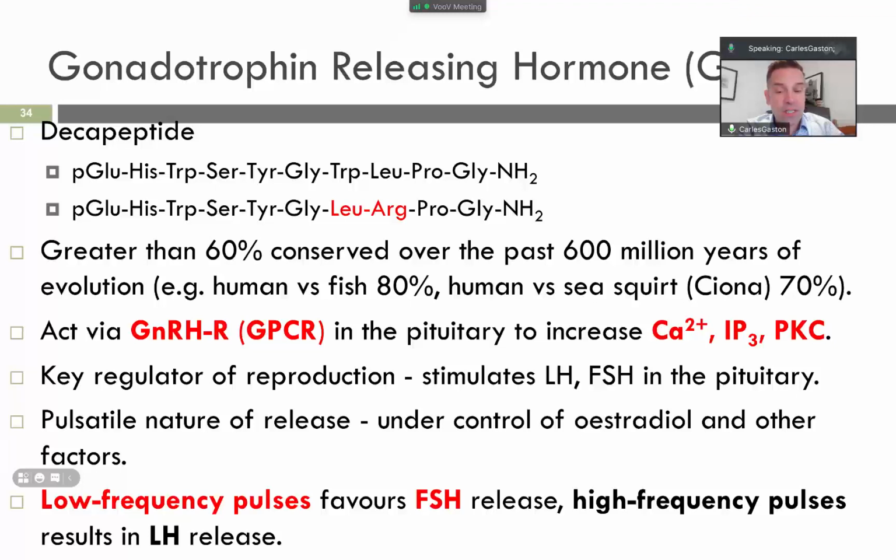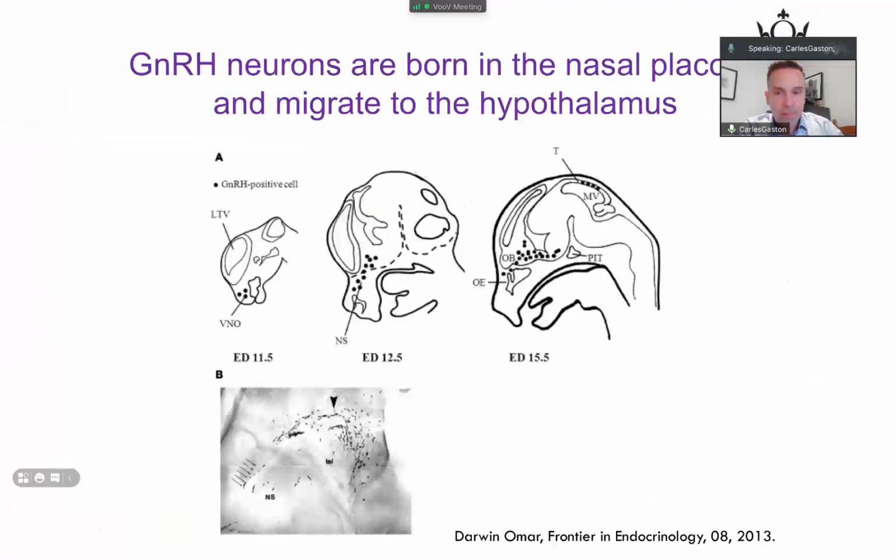Some of these hormones have different pulses during the day: LH has low frequency pulses, and FSH is released at high frequency pulses.